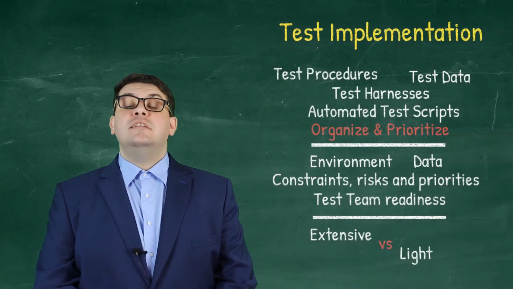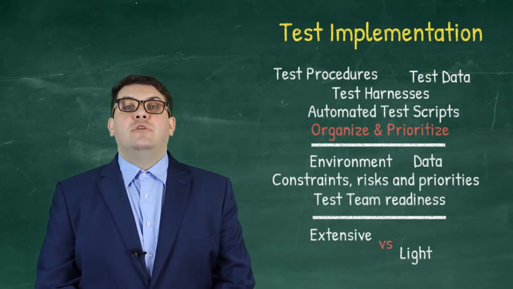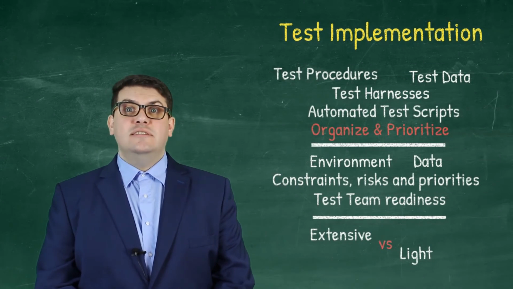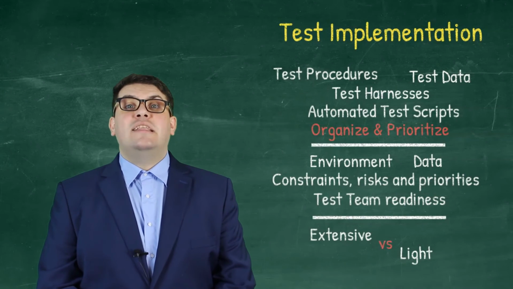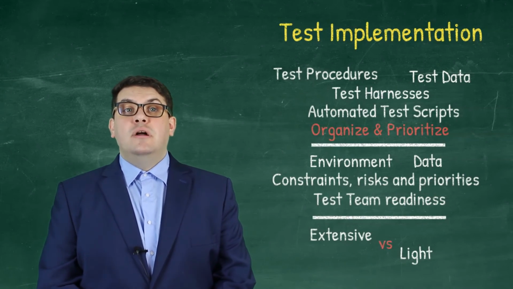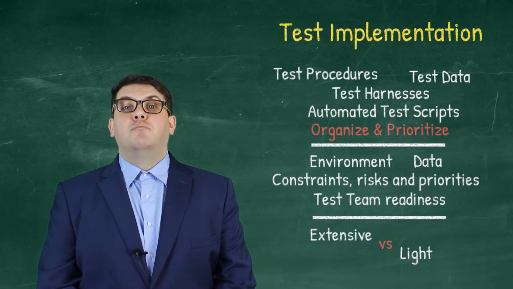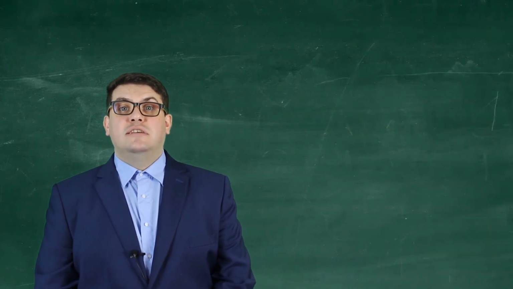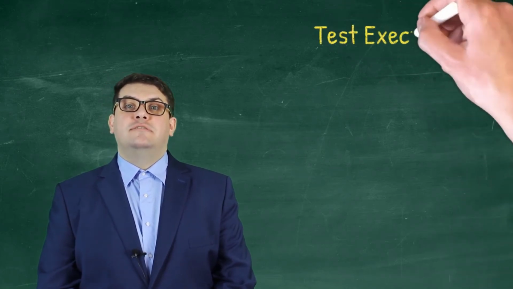Lastly, during test implementation, you should acquire the testing tools that you need for test execution. Don't start execution and then say, oh, I need to implement that tool. No, make sure that they are ready and available within test implementation so that you can have a proper transition to test execution.